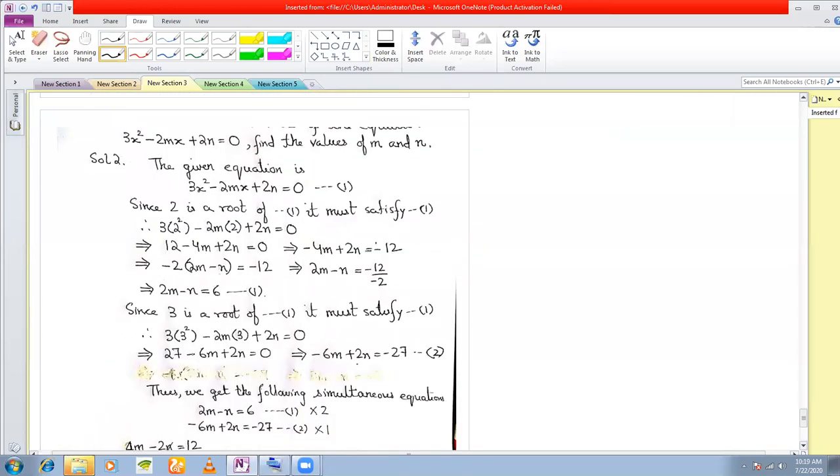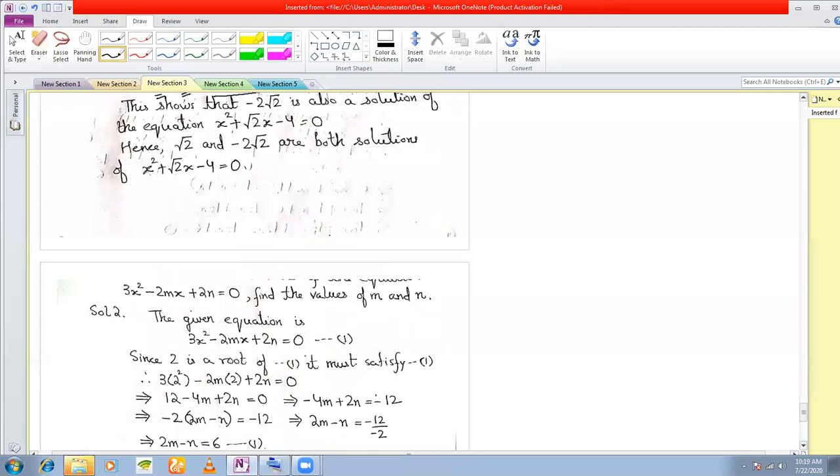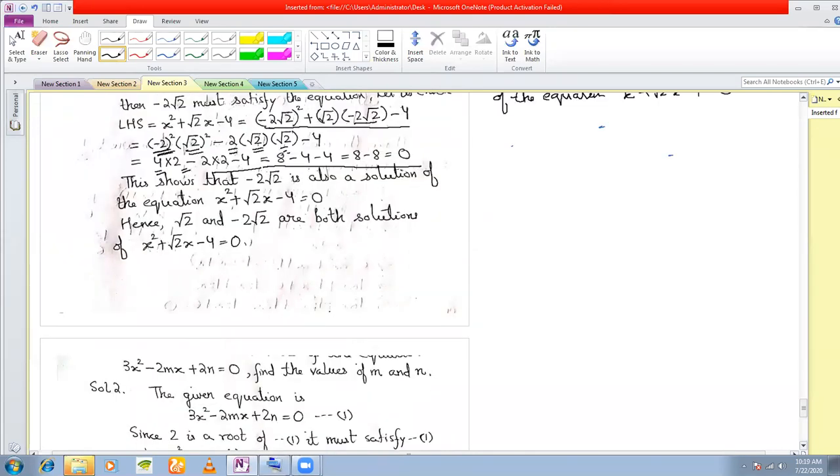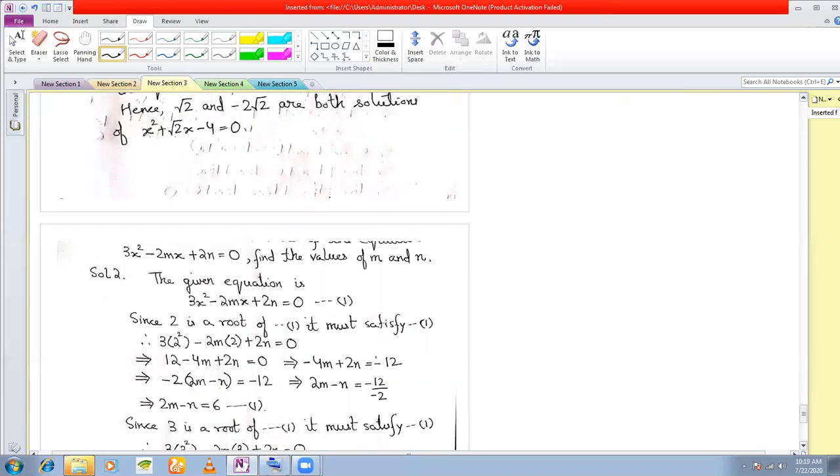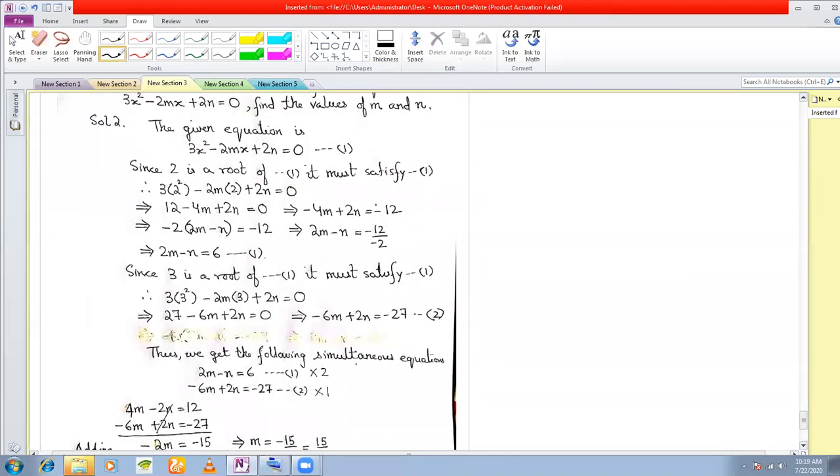Okay. Now look at this. Just the last problem of today. In indices, I will start the next day. So in this question, it is given that 2 is a root of 3x square minus 2mx plus 2n.